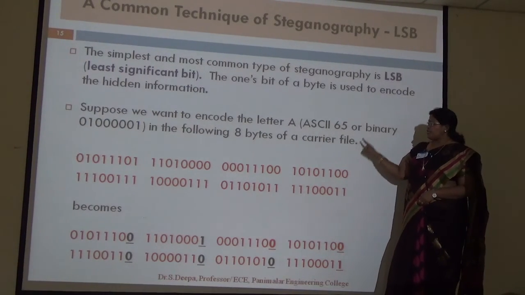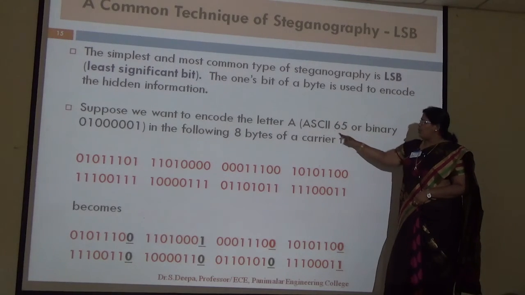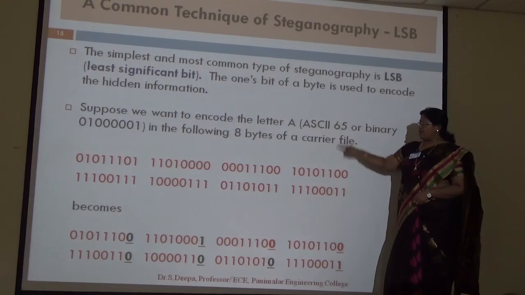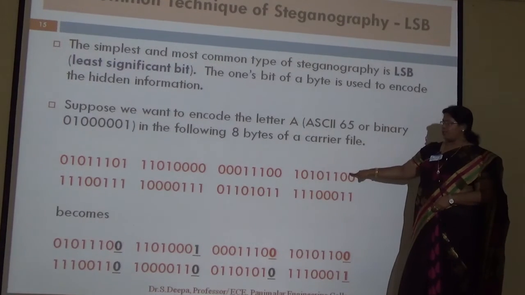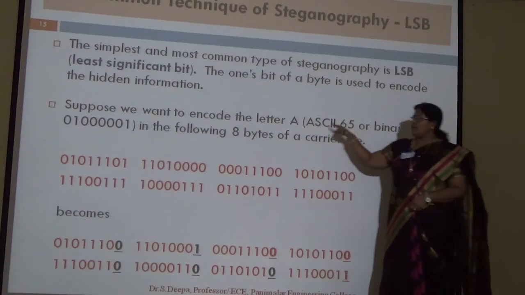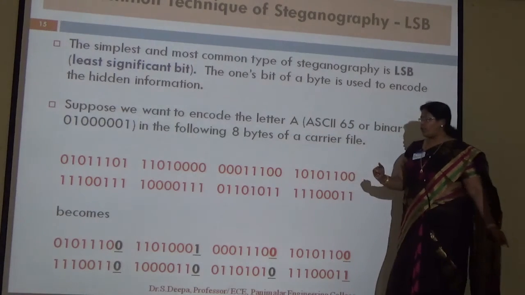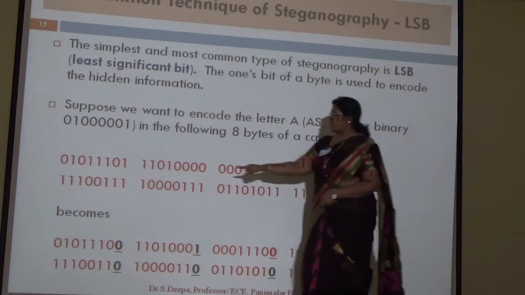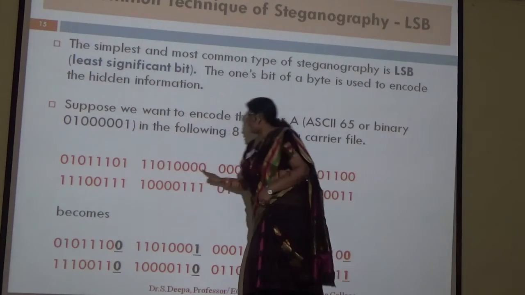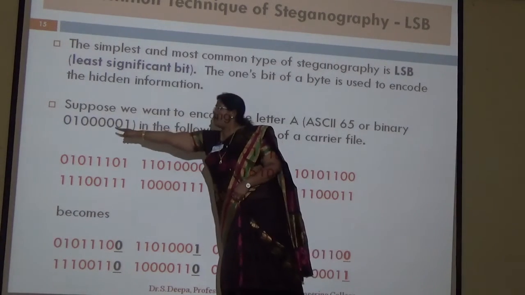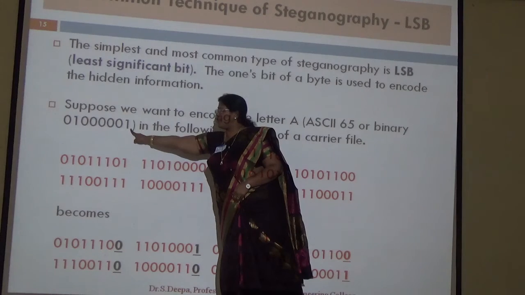Now suppose I would like to embed my secret number 65 into this cover data. The binary equivalent of the number 65 is shown there. Now, the least significant bit of every data byte here will be replaced with my secret message that is to be embedded.